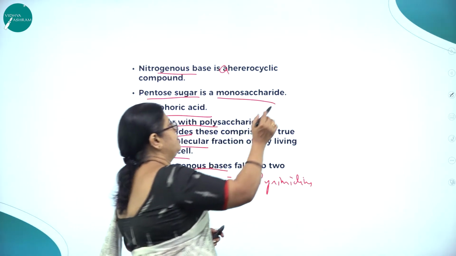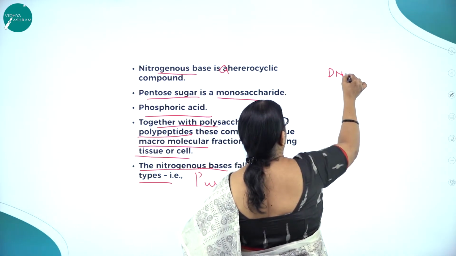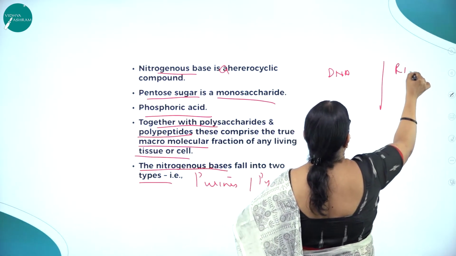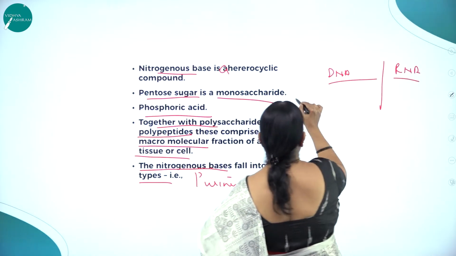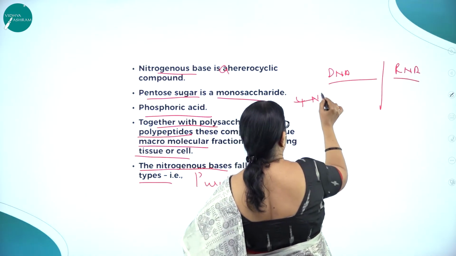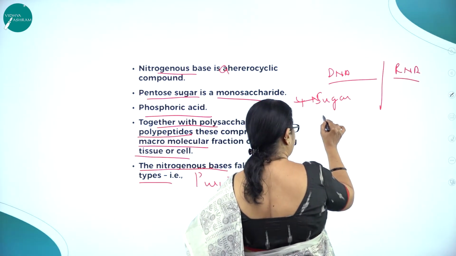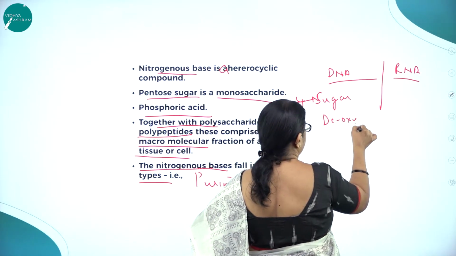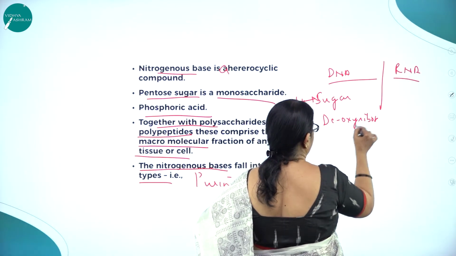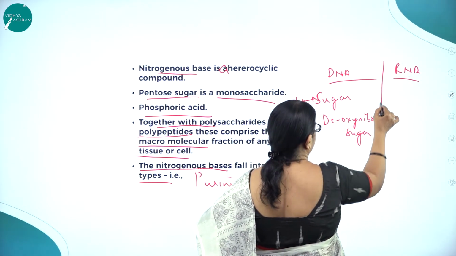So with reference to DNA and RNA, first the sugar. Here it is a 5 carbon sugar called deoxyribose sugar.